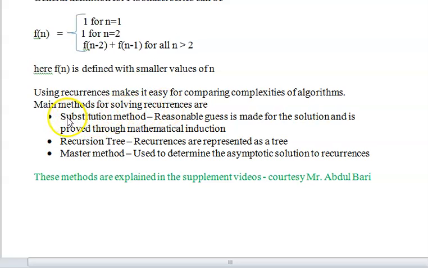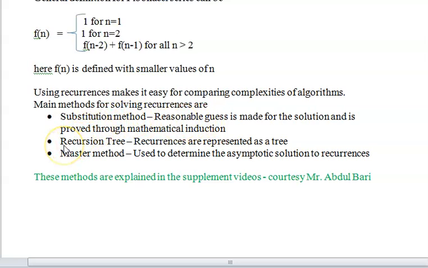The three major ones are the substitution method, where we guess the solution of a problem and it is proved mathematically by induction. We guess the solution of a problem and by using mathematical induction it is proved.